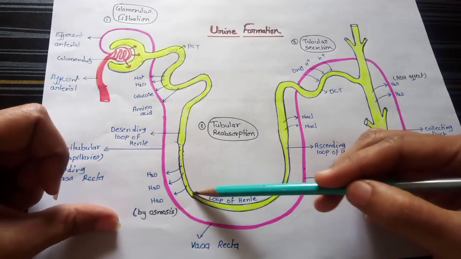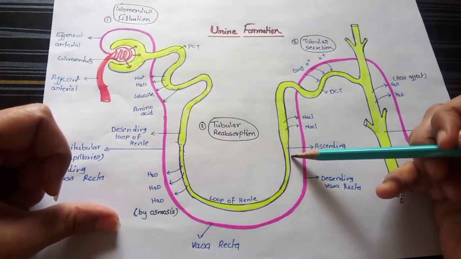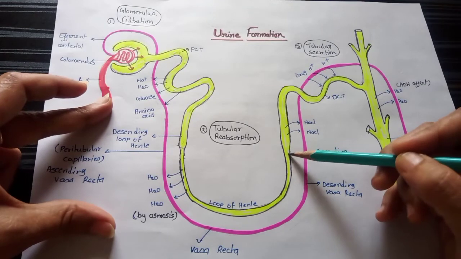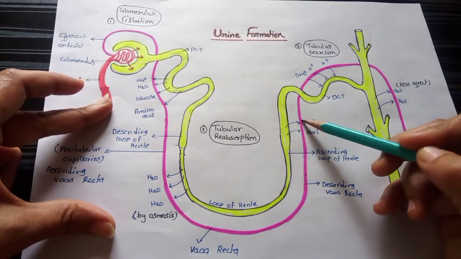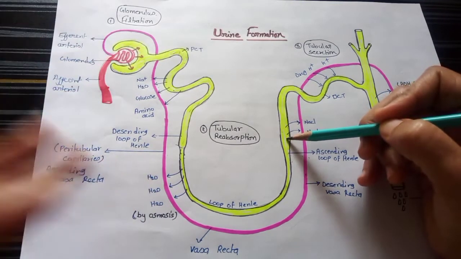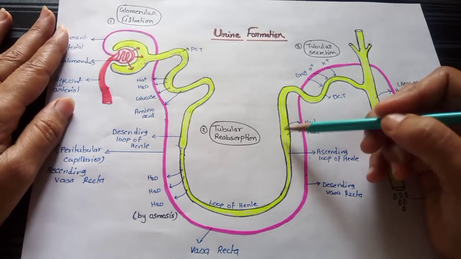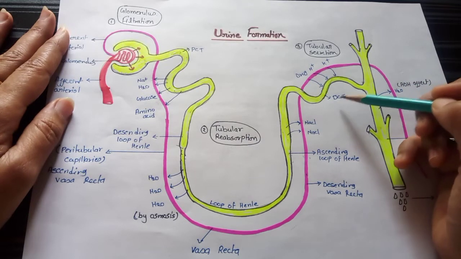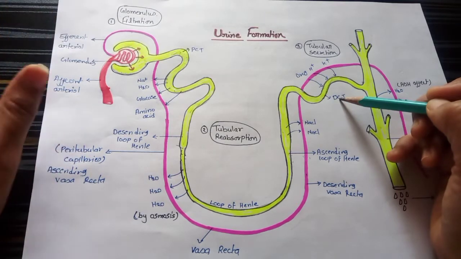So this filtrate is going to enter the ascending loop of Henle. The concentrated filtrate enters the ascending loop of Henle, and here salt will be absorbed into the vasa recta. So salt will be reabsorbed, and so the concentration of the filtrate is going to be less in this loop. Now the filtrate is going to come into the DCT, the distal convoluted tubule. Okay, so here it is permeable for both water and salt.